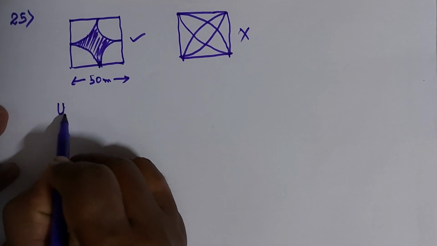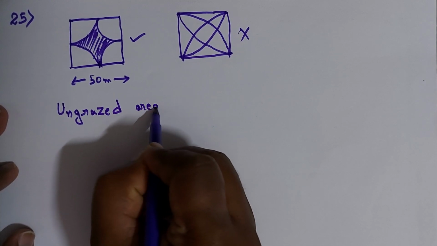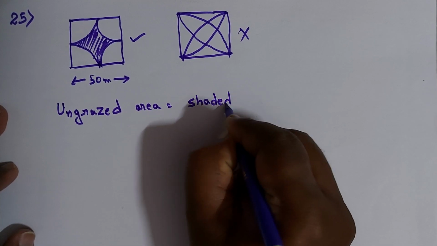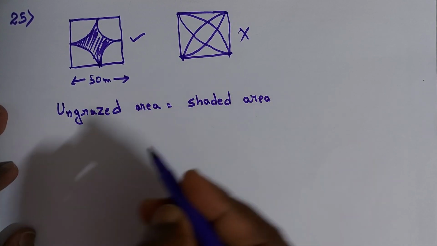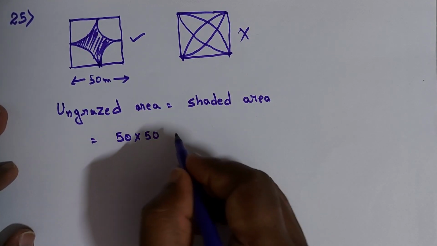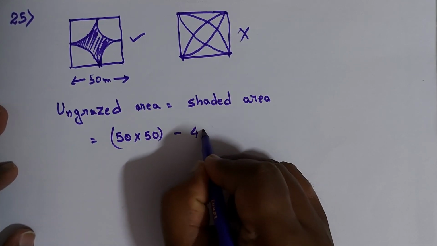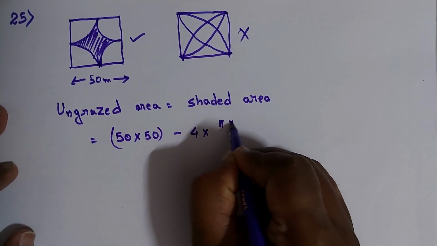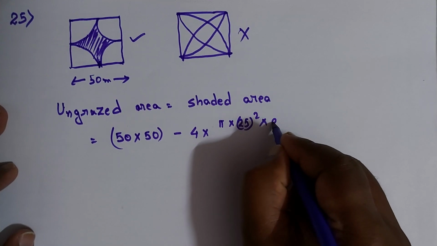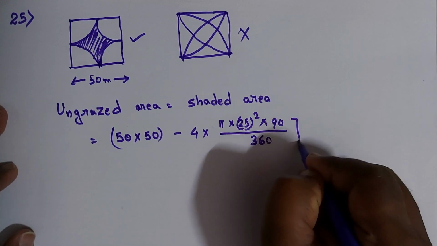So ungrazed area is equal to shaded area, is equal to 50 into 50 minus 4 into pi into 25 whole square into 90 by 360.